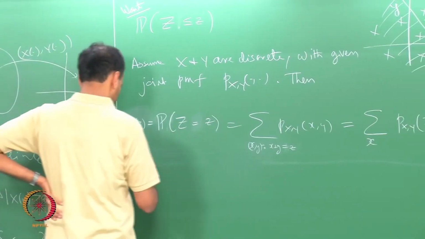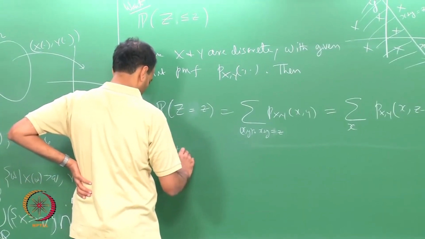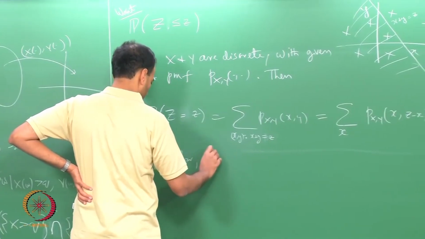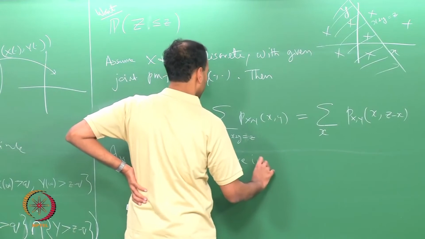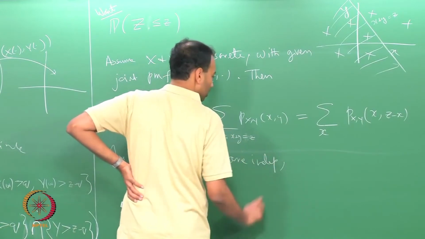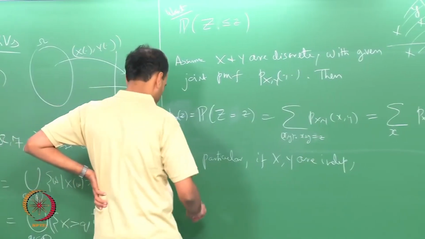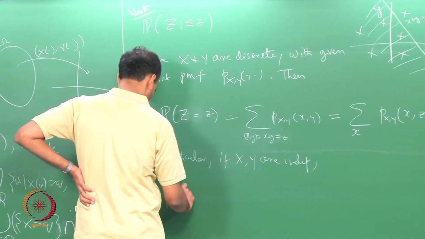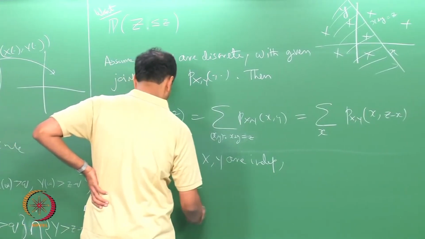In particular, if x and y are independent random variables, then I can simplify this further. I can write p z of little z is equal to the sum over all x.